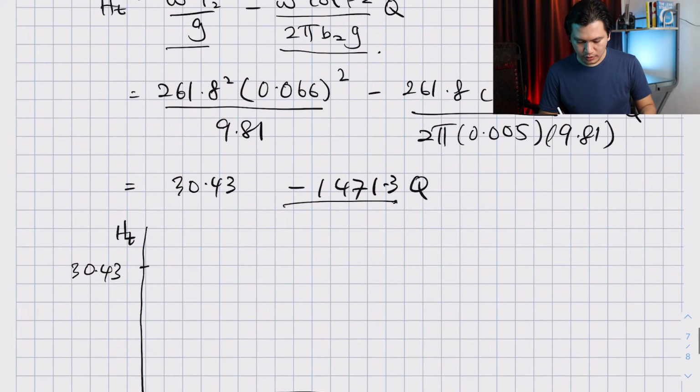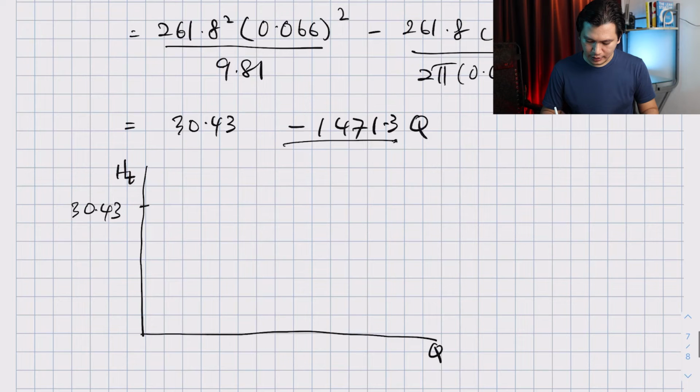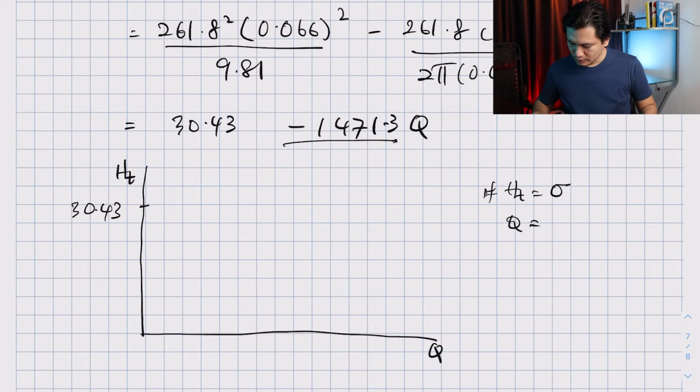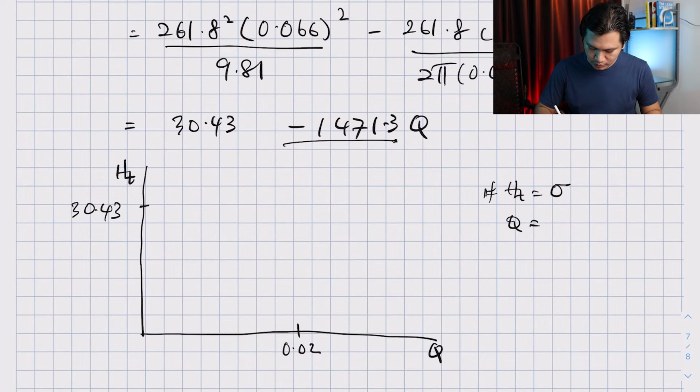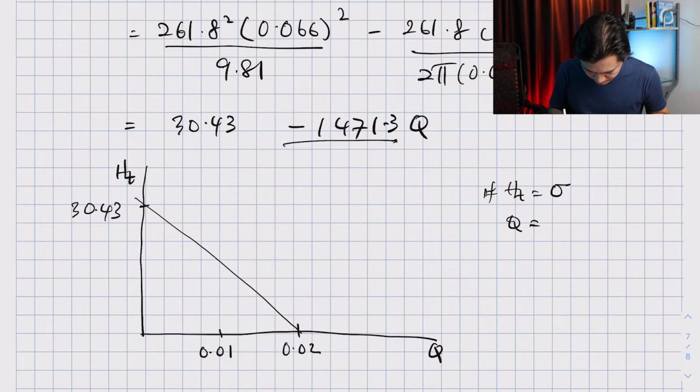Let's find out where it's going to intersect the x-axis. Given HT equal to 0, then Q becomes 30.43 divided by 1471.3. It's going to intercept at about 0.02. This is 0.01, and the graph will look something like this.